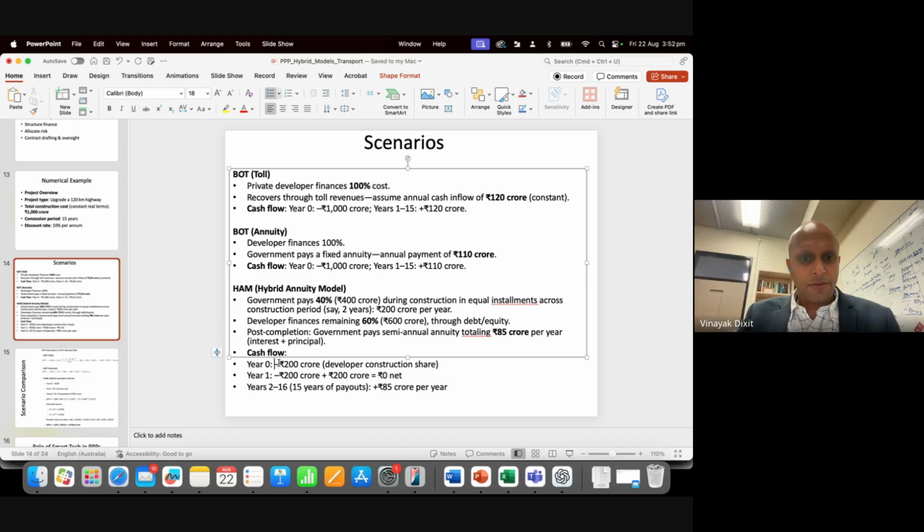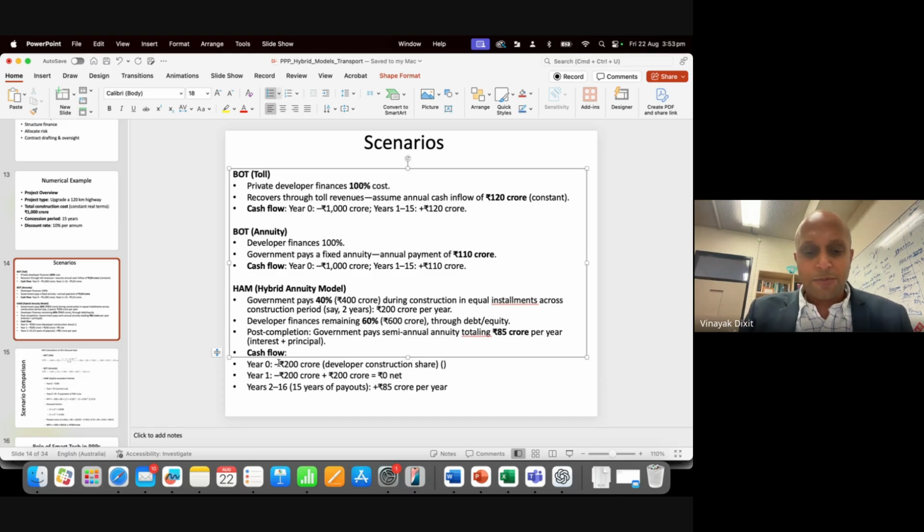This part should be, let's look at it, the private party puts minus 400. Oh yeah, it's fine. Sorry, this is fine. So this is minus 200 crores in year 0. This makes sense. I confused myself.